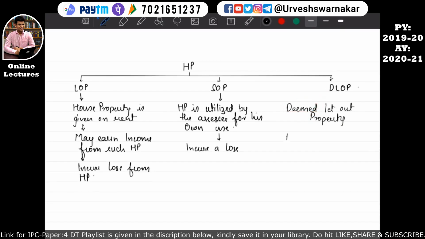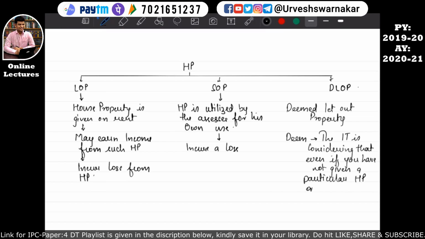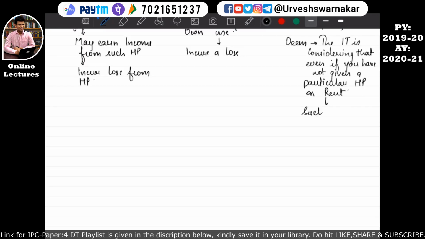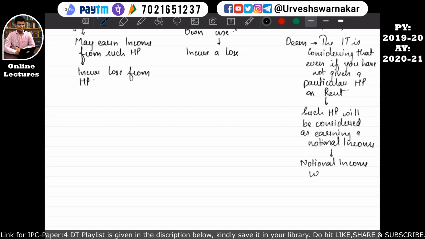So basically deem means the income tax is considering that even if you have not given a particular house property on rent, such house property will be considered as earning a notional income, and such notional income will be chargeable to tax. I hope this is quite clear.